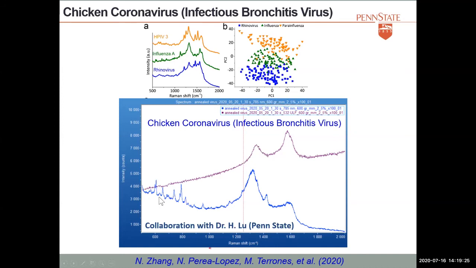So actually the accuracy for identifying these coronaviruses is much higher because we have more defined peaks compared to the others. So I think this is something we're still working on. And of course, we're now trying to eventually do Raman spectroscopy of COVID-19, because I think it will be very, very important.